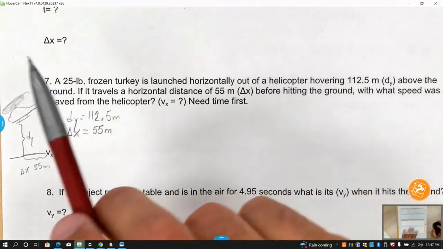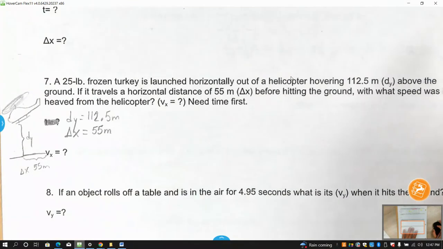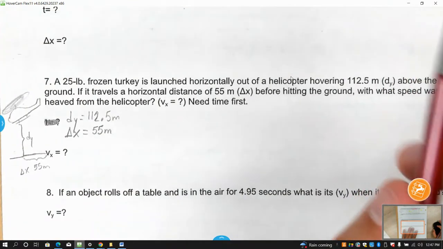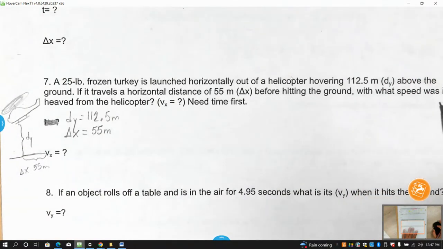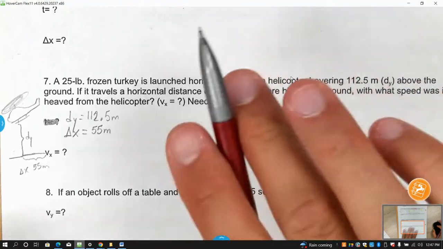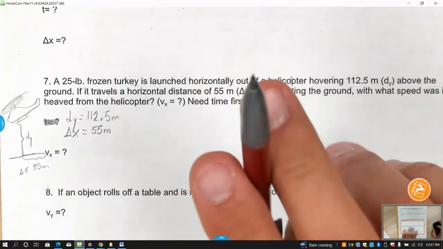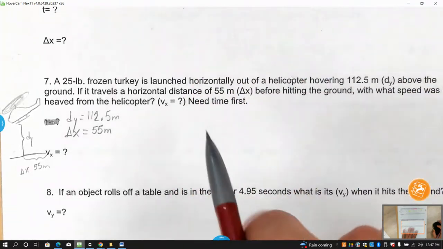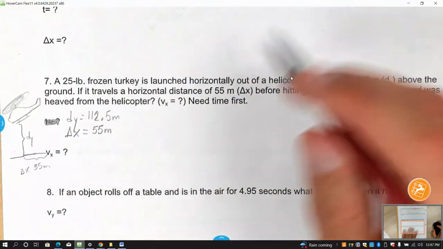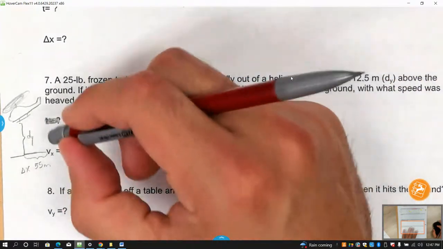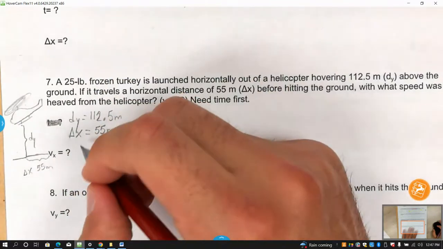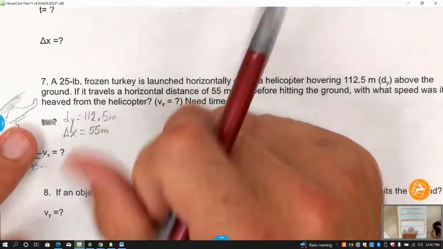They want to know with what speed was this thing heaved out of the helicopter. Again, in these horizontal motion problems, we're not having any initial velocity in the y direction, up or down. So the velocity that they're asking us to solve for here is our Vx.